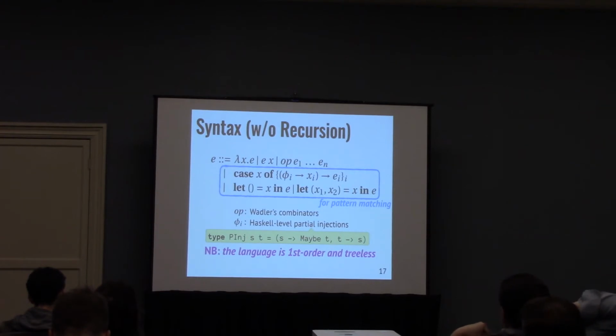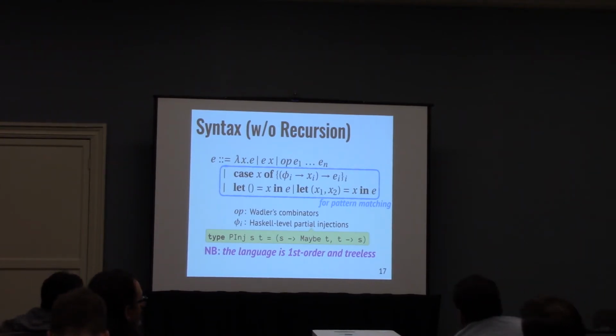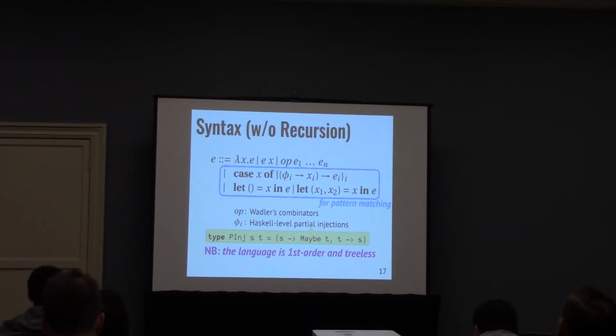Here, an expression is either a lambda abstraction or a function application, and here are the pretty printing combinators. What is important here is that the pattern matching functionality in the original Flipper is divided into three language constructs. The most important one is the case expression. Here, phi i is a partial injection which can be represented by a Haskell data type like this.